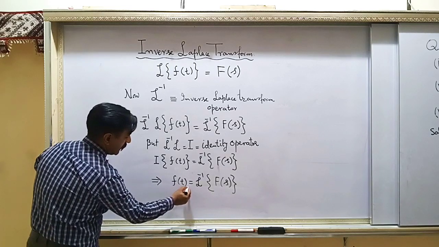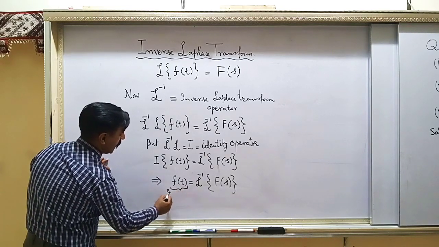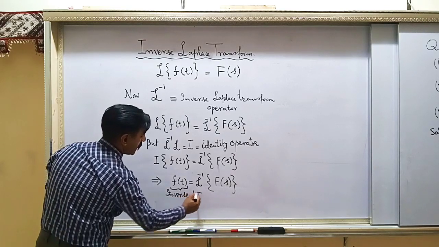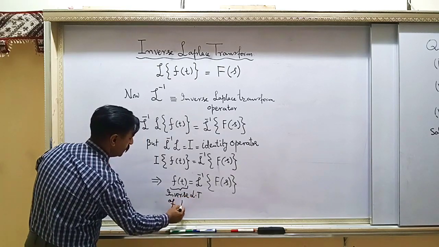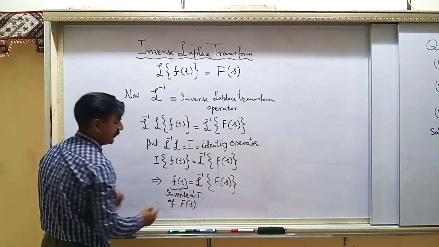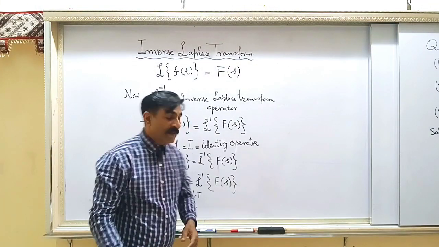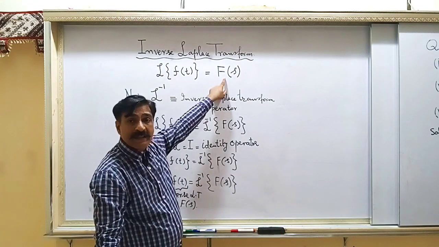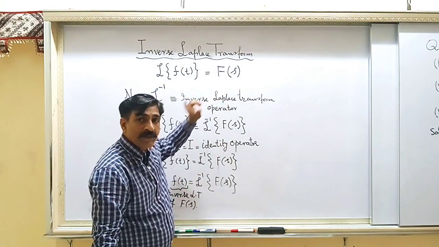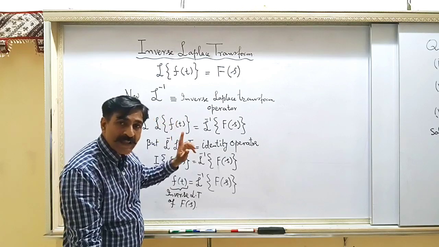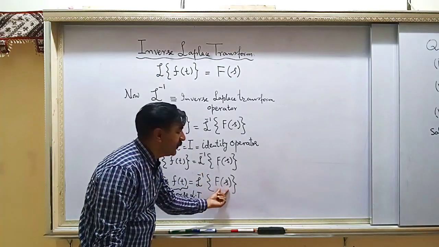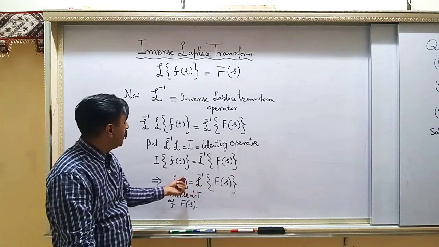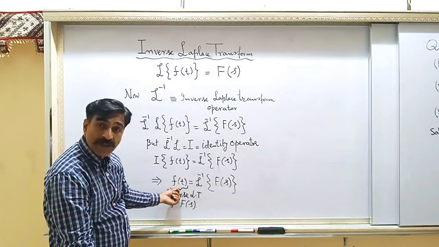Now, the identity operator by definition is the operator which, when it acts on any function or any object, leaves the object as such. So I acting on f of t will give you f of t, and this is equal to L inverse of F of s. This is known as the inverse Laplace transform of F of s. F of s is the Laplace transform. So for finding the inverse Laplace transform, what is essential? You should have the Laplace transform first, then apply the inverse operator on it, and it will give you a new function.